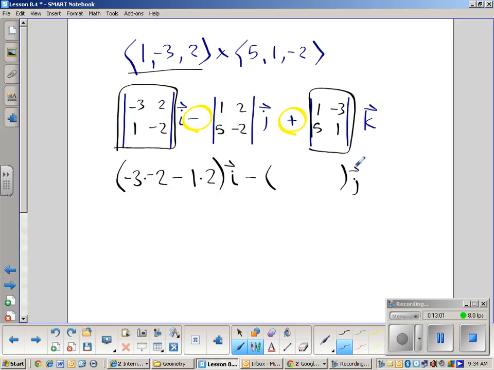No. This came from this. 1 times negative 2. Okay? And then 5 times 2. Agree with that? Plus, Kara, what goes in this one? Nobody's saying minus, but that's what has to happen there.